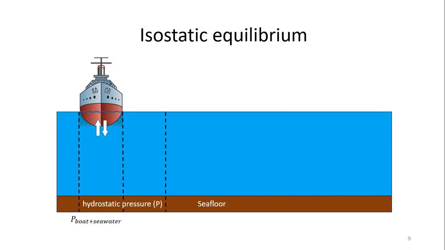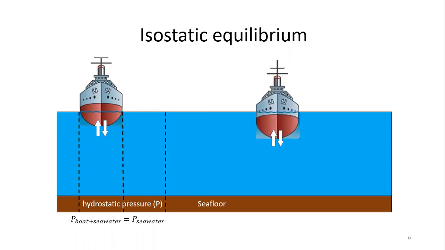However, if you then measure the hydrostatic pressure at the seafloor next to the boat, it would equal the pressure created only by the seawater. Both of these measurements would be equal and are again in what's called a state of isostatic equilibrium. Any change in this equilibrium would be instantly compensated for by some redistribution of seawater between the two columns.